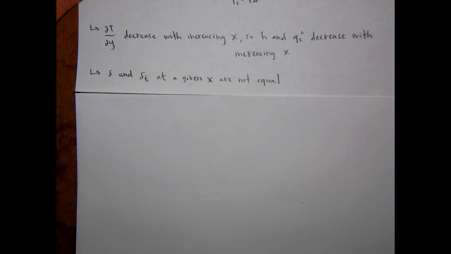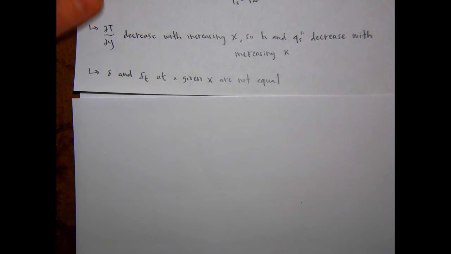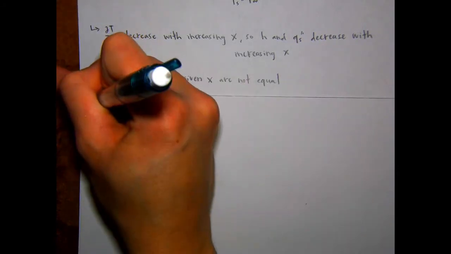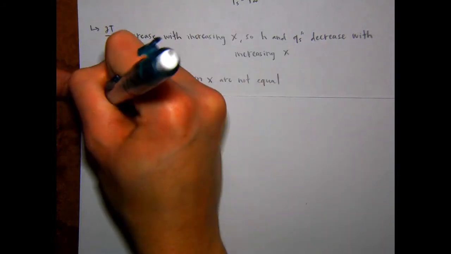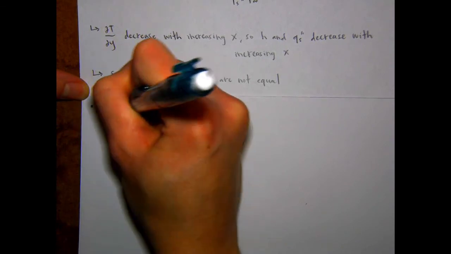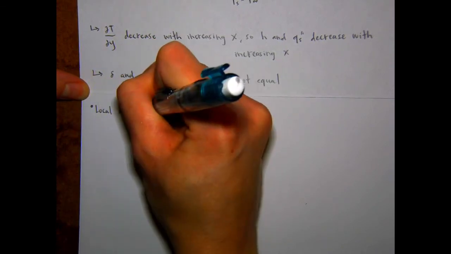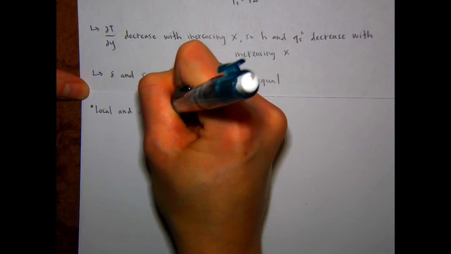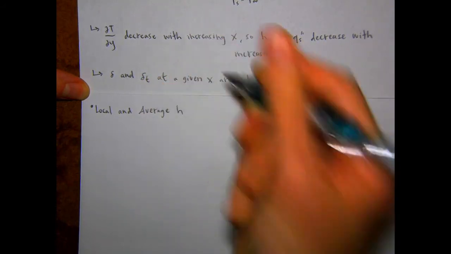But we actually just showed that the velocity gradient, and therefore h, does vary with the position along the surface. So we're going to be more specific about this and talk about local and average values of h, and therefore local and average values of q.